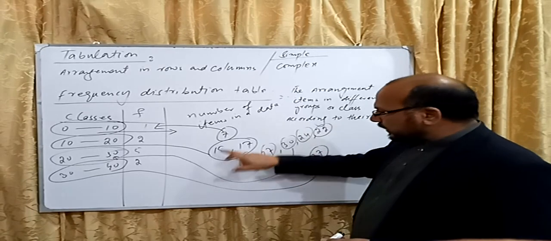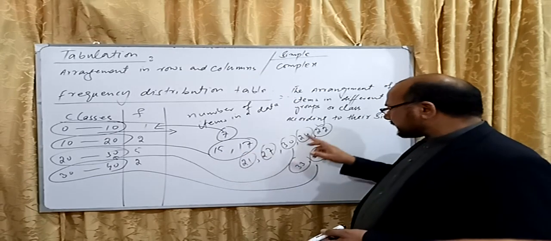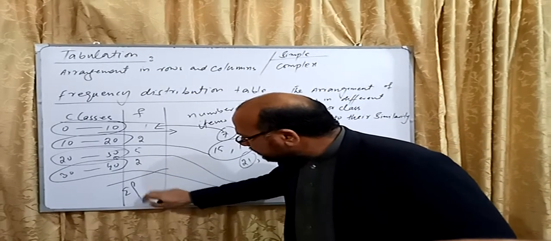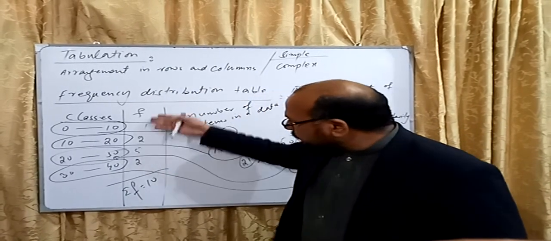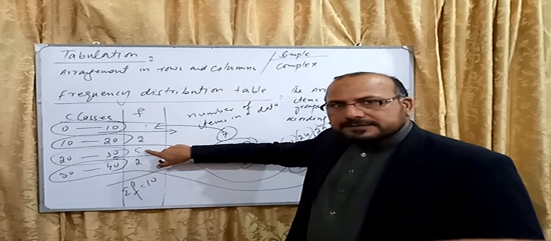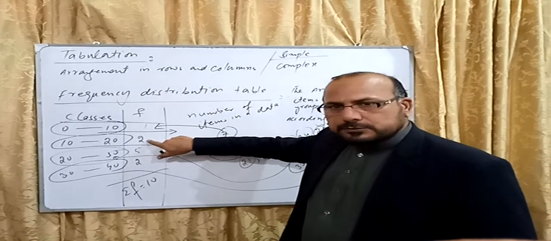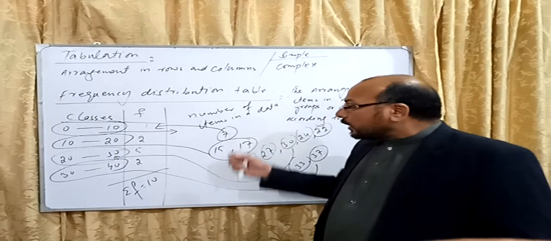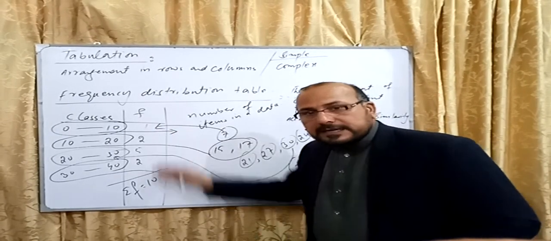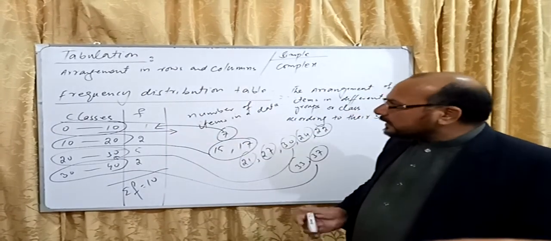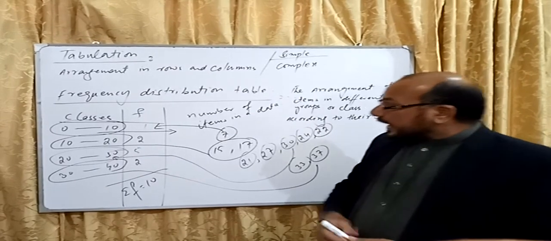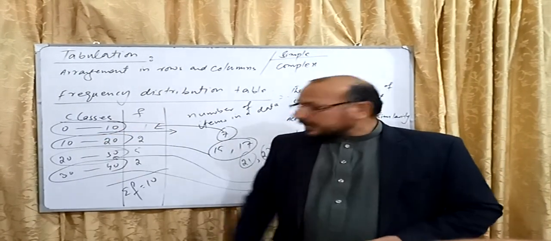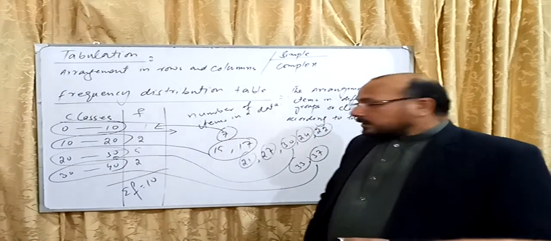The items here are 1, 2, 3, 4, 5, 6, 7, 8, 9, 10, so the summation of the frequencies should be equal to 10. 2 plus 5 is 7, 7 plus 2 is 9, 9 plus 1 is 10. So the 10 items fall in different classes. This is called frequency distribution, and we will face this kind of table again and again in upcoming classes.